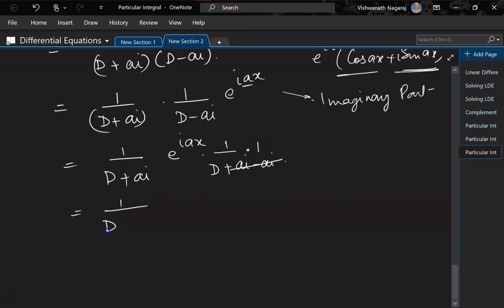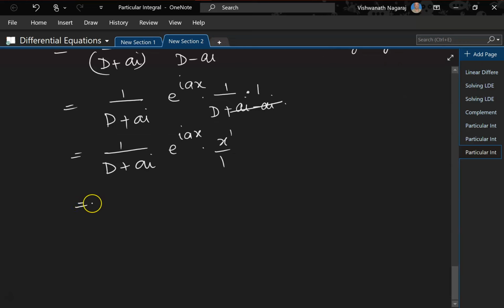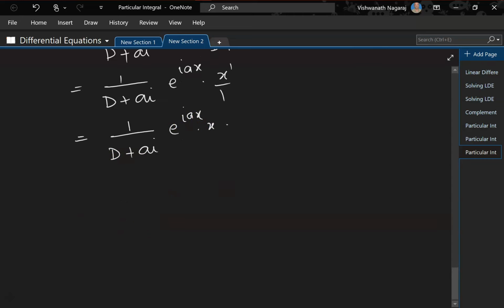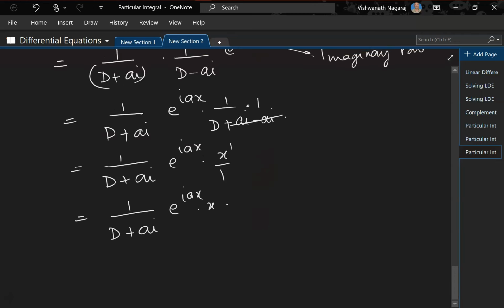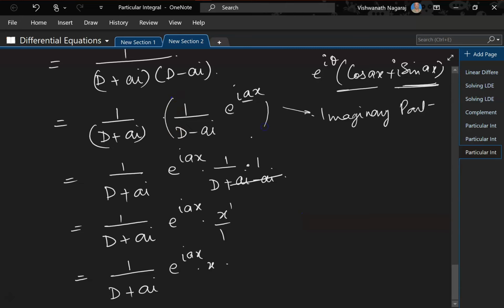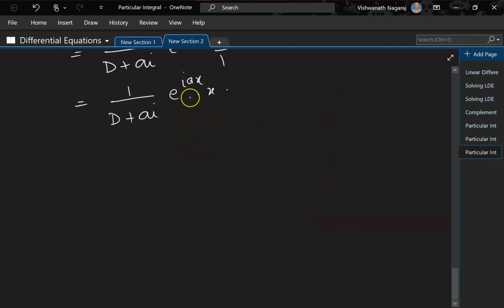So this becomes 1 by (D plus ai) e to the iax times x to the power of 1, right? Okay, so 1 by (D plus ai) e to the iax times x. Now it is not in the form of e to the power of mx. It was in that form in the earlier case, but now we have it in the form of e to the power of mx times v. Let's take care of this.